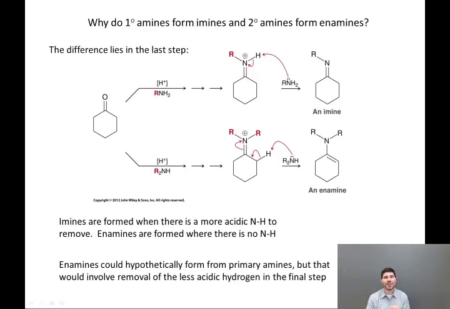The NH is going to be more acidic than the CH because it's a hydrogen bound to a more electronegative element. So that's enamine formation, and in the next video we will consider the reverse reaction of this, which is enamine hydrolysis under strongly acidic conditions.